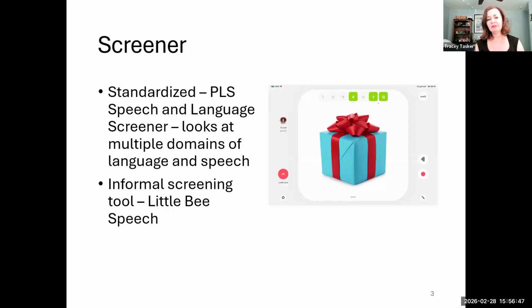As I mentioned, there are different types of screeners. I mentioned the PLS. This is an informal screening tool. It's not standardized per se. It doesn't have norms, but it is a very quick way to assess what speech sound errors a child has, what sounds they may be missing from their inventory.